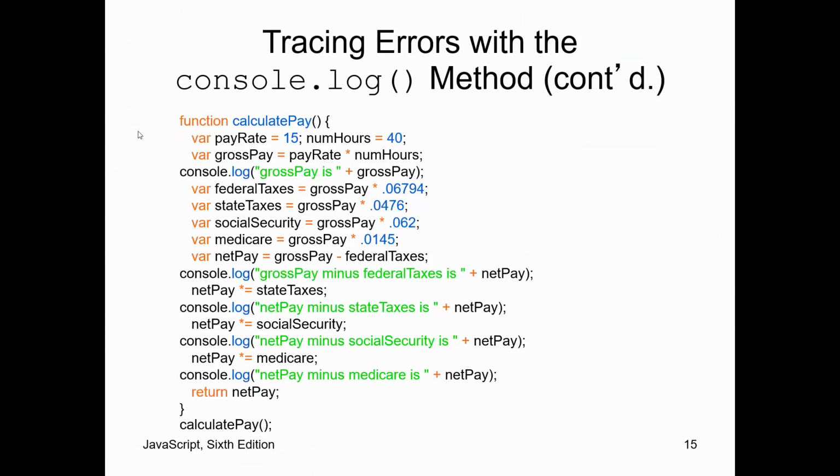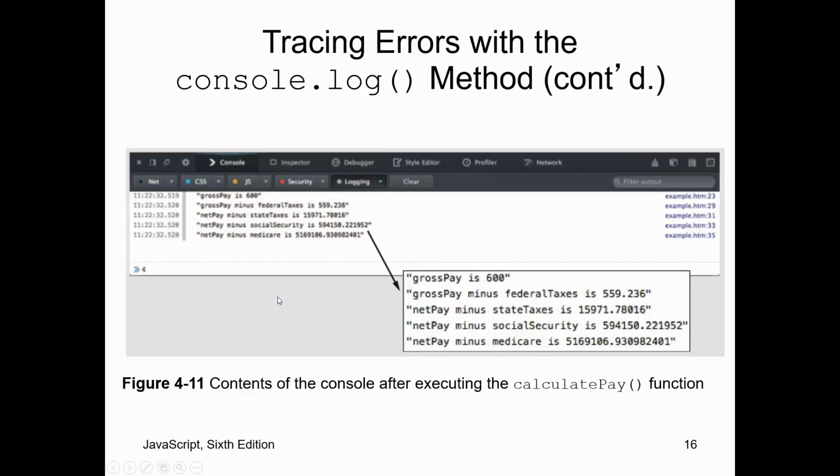So here, if you notice, we've got a lot of console.logs. So while the program is running, you can have things show. And when you look here, looks okay. Gross pay minus federal taxes is this. Gross pay minus state taxes is this.